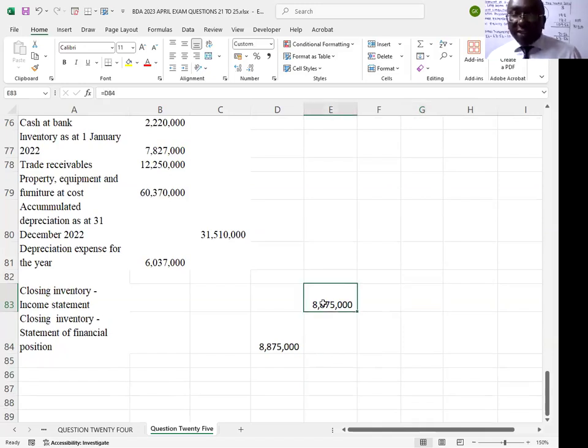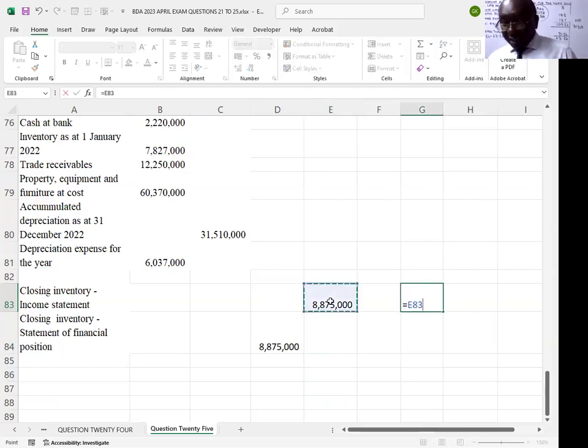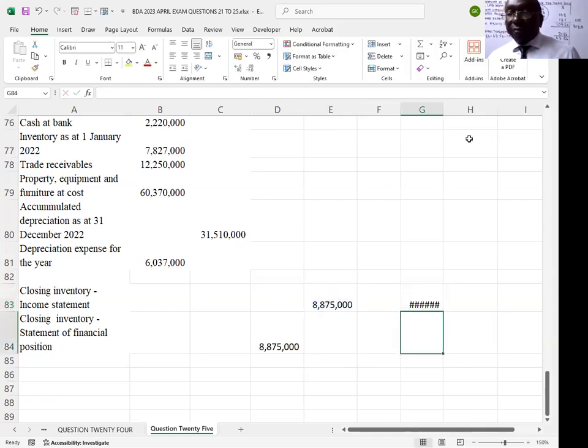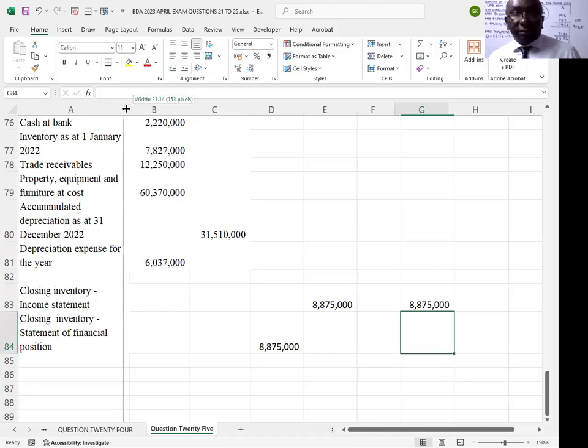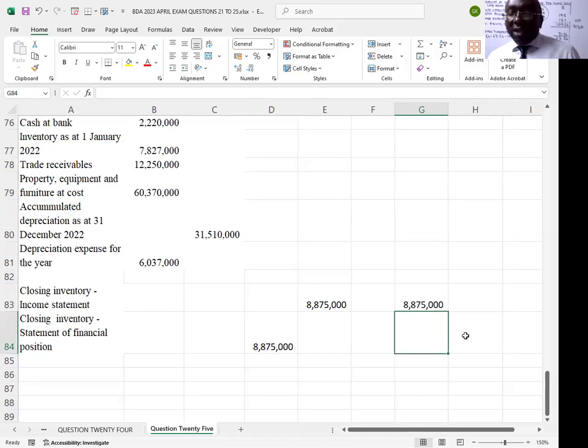This one is going to go to the income statement, credit here.